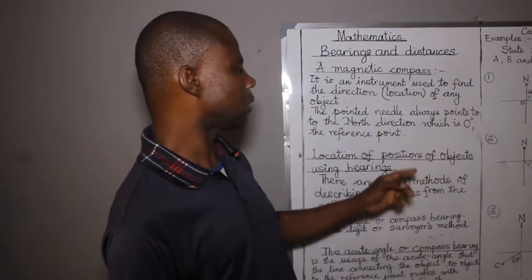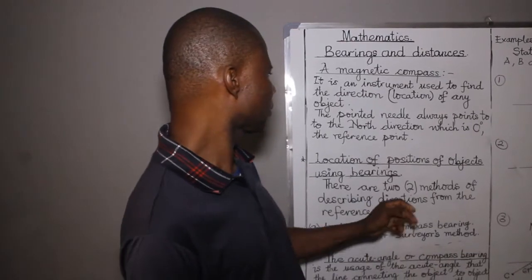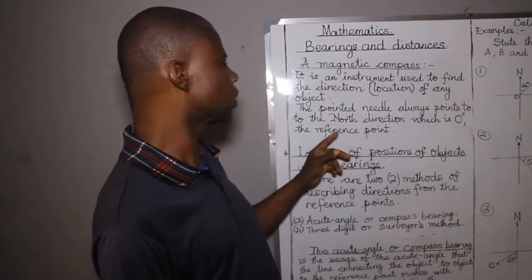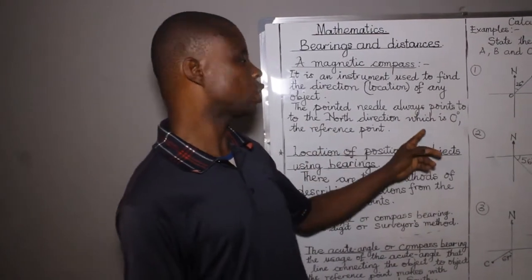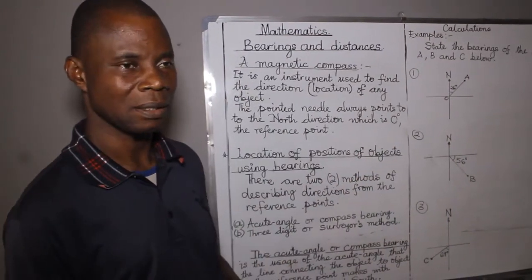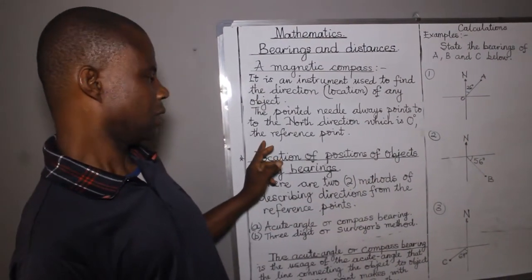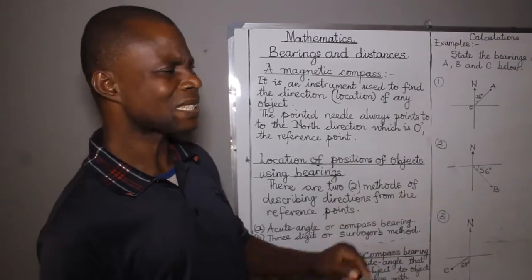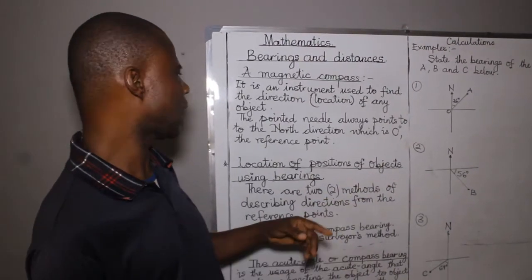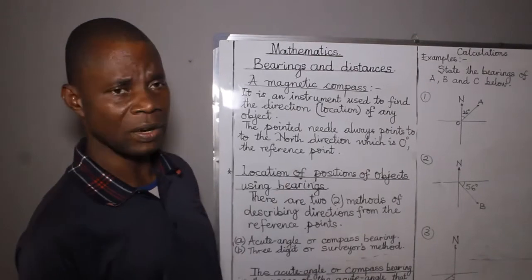The pointed needle on that instrument always points to the north direction, which is 0 degrees. That is the reference point. That 0 degree is always referred to as the what? The reference point.